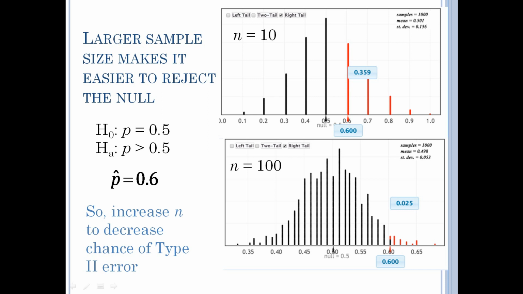So your 0.6 is gonna produce a very large p-value because you really don't have many choices. So a large p-value meaning you're not gonna reject the null. And you know that type 2, you want to make it easier for you to reject the null. So this is not going to help.